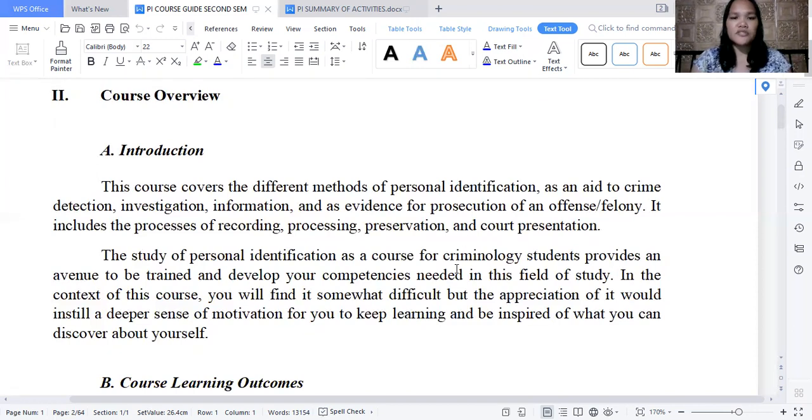The study of personal identification as a course for criminology students provides an avenue to be trained and to develop the competencies needed in this field of study. In the context of this course, you will find it somewhat difficult, but the appreciation of it will instill a deeper sense of motivation for you to keep learning and be inspired by what you can discover about yourself.